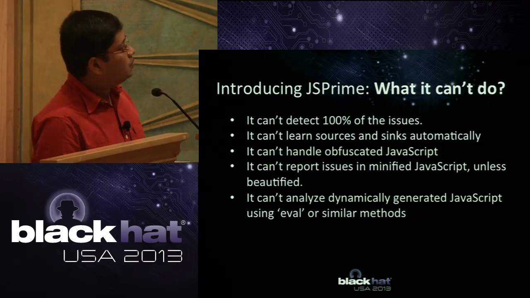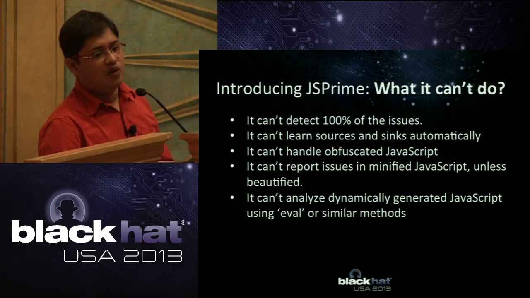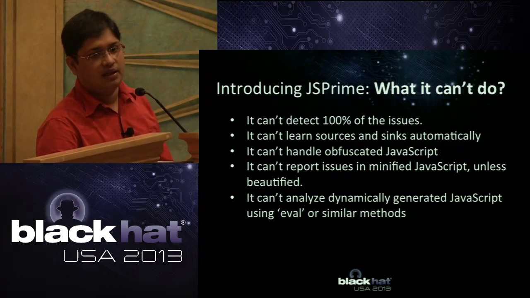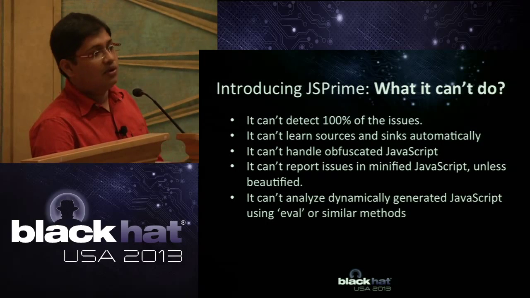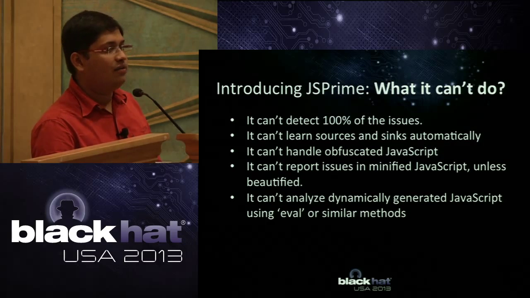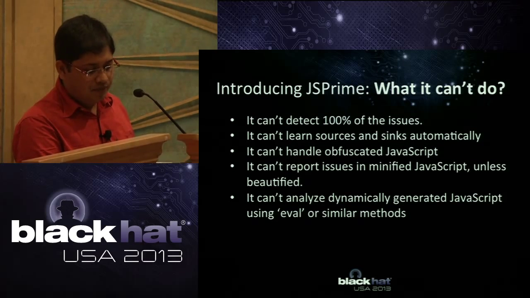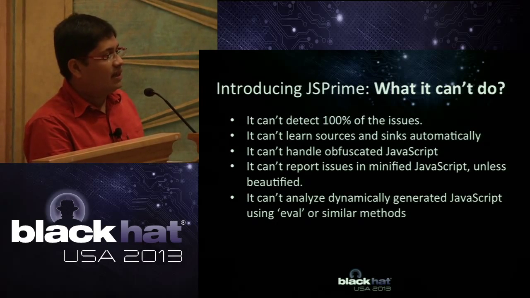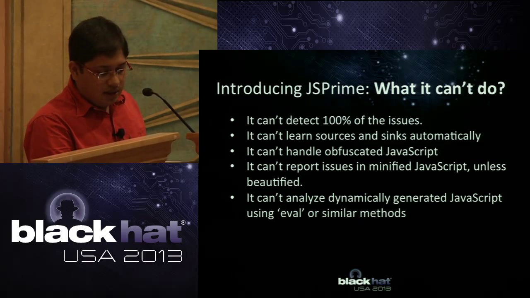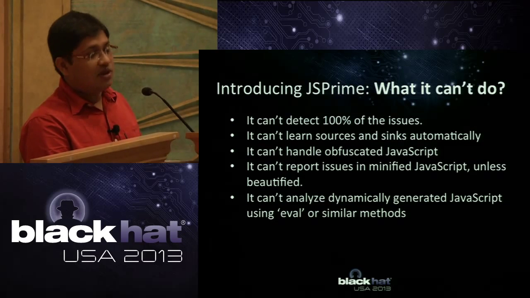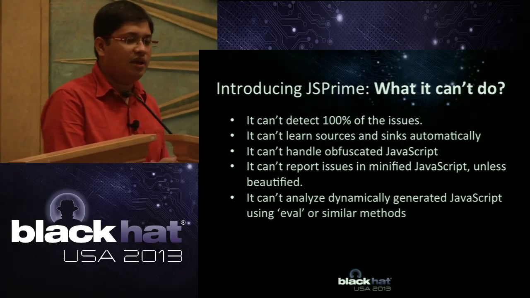What can it not do? JSPrime alone cannot detect 100% of the issues, like any other tool. It cannot learn sources and sinks automatically. You have to provide them if you are using a very custom library. It cannot handle obfuscated JavaScript, like in the case of malware. It can't report issues in minified JavaScript unless beautified. There's a catch here.